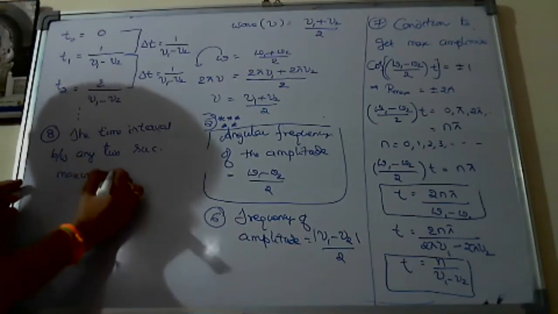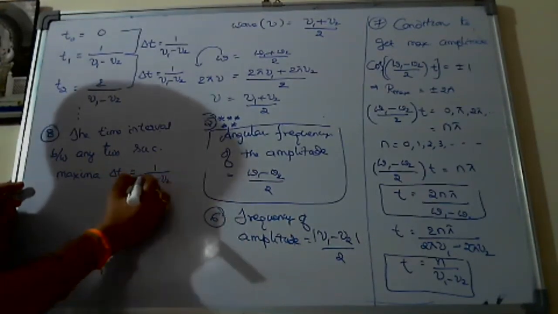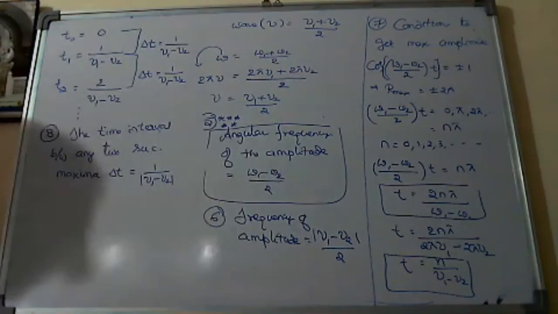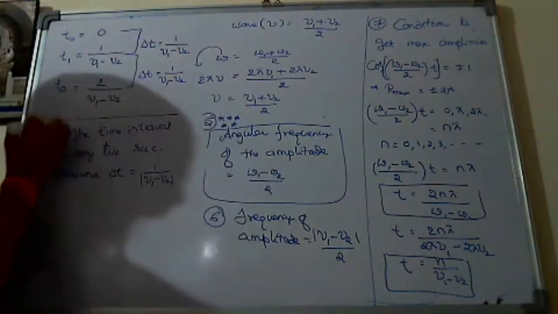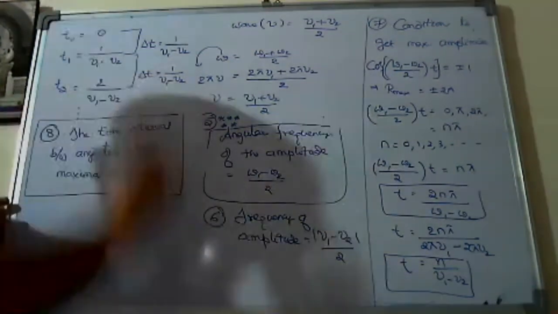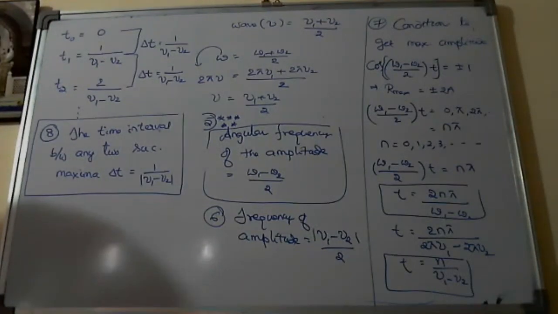You can put a mod, since the time is always positive and should not be negative. This is one point for two successive maxima. Important contents.